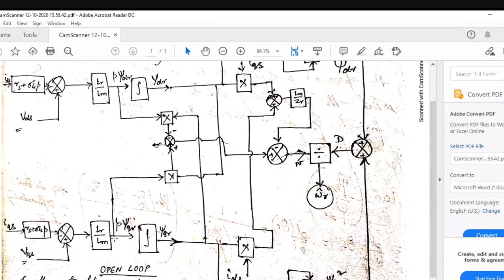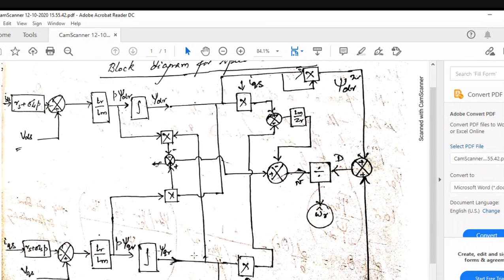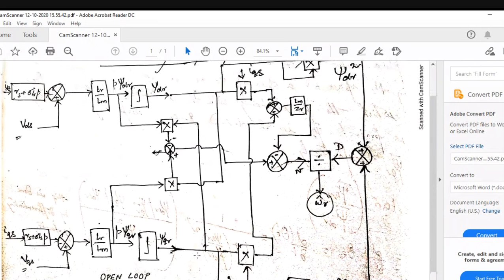After that, integrating these two, you get phi dr and phi QR. Now you need to measure the speed.